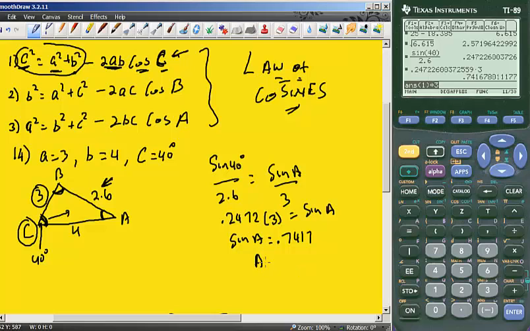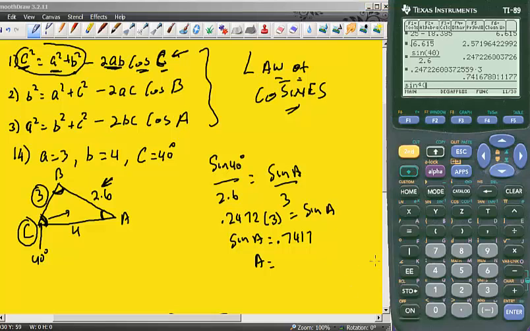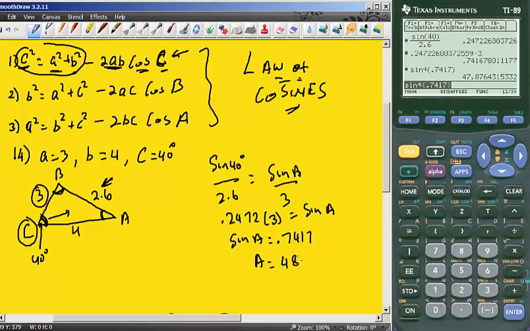So angle A is the sine inverse of that. Sine inverse of 0.7417 gives us 48 degrees.